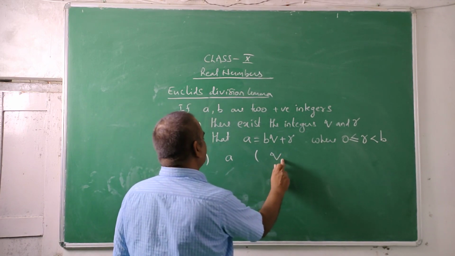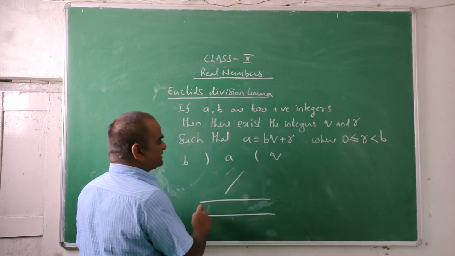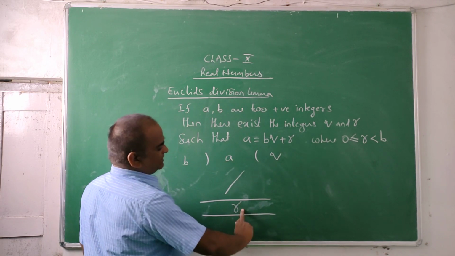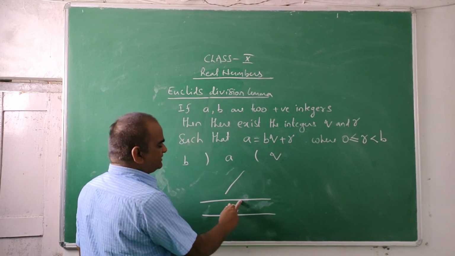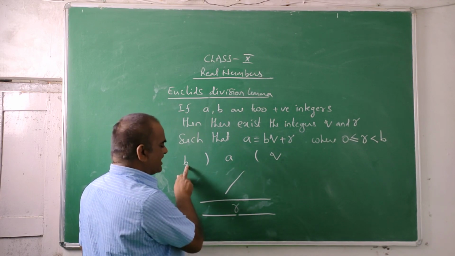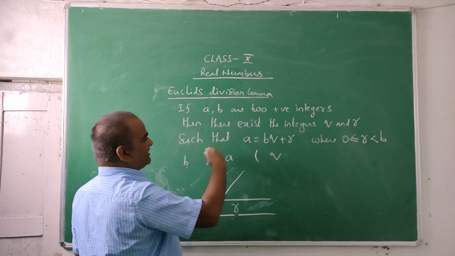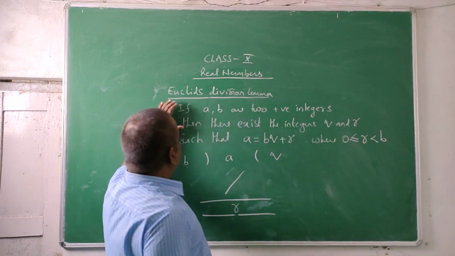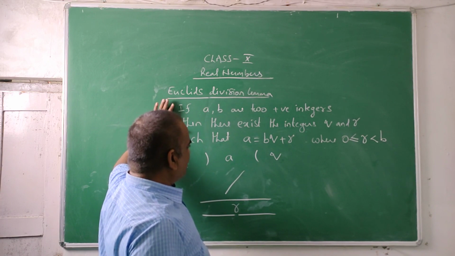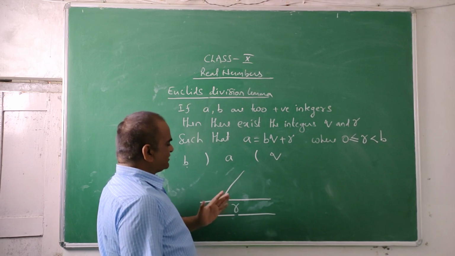That quotient is Q. And at the end of the division process, you get some remainder. He is denoting it with R. And this remainder is 0 or lesser than the divisor. It is the division principle only, and he is expressing it as a theorem. So this is called Euclid's division lemma, by taking A, B, Q and R.